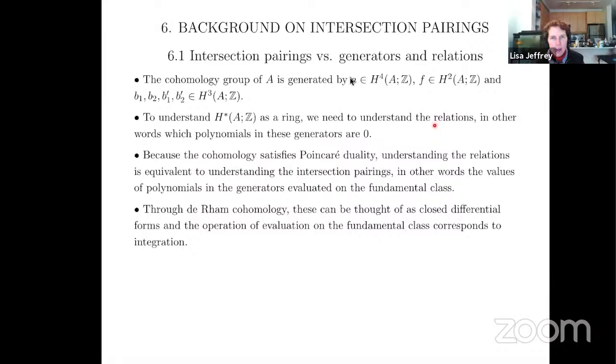Because the cohomology satisfies Poincare duality, understanding the relations is the same as understanding the intersection pairings. In other words, understanding the values of polynomials in these generators evaluated on the fundamental class. Through de Rham cohomology, the generators can be thought of as closed differential forms, and the operation of evaluating on the fundamental class can be thought of as integration.